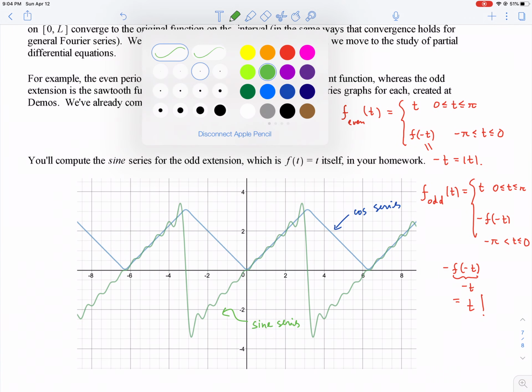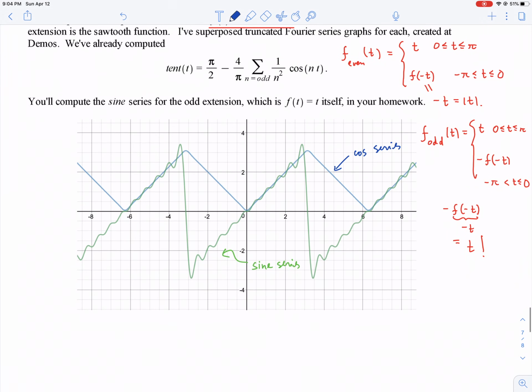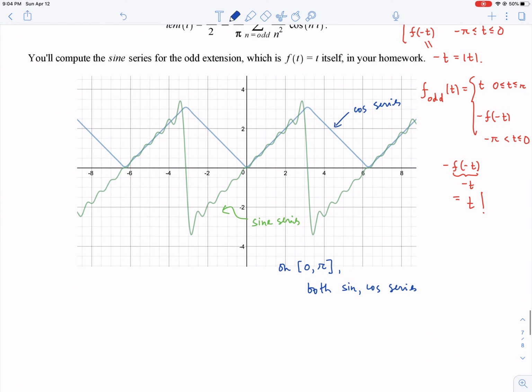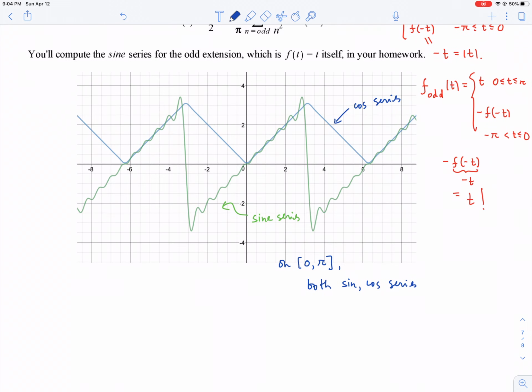So that's kind of super amazing. So on the original interval, both the sine and the cosine series for the even and odd extensions of t converge to the original function, which in this example was f of t equals t.